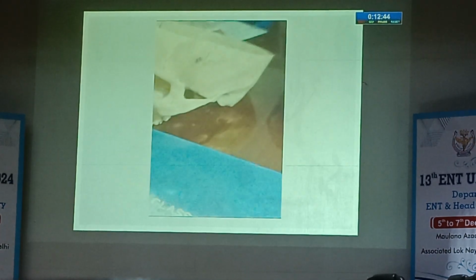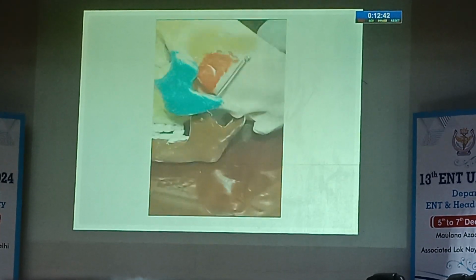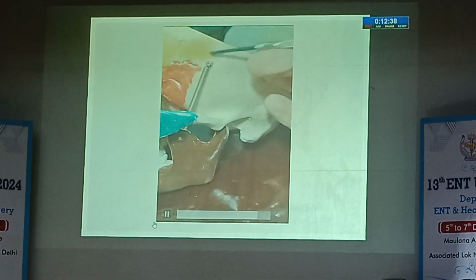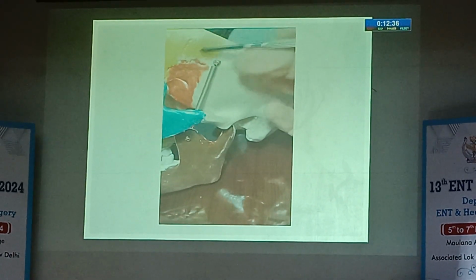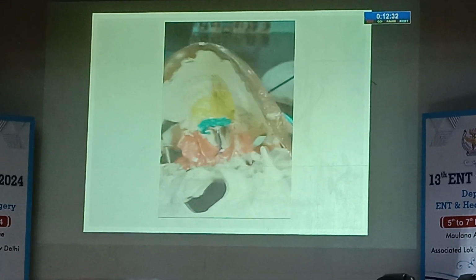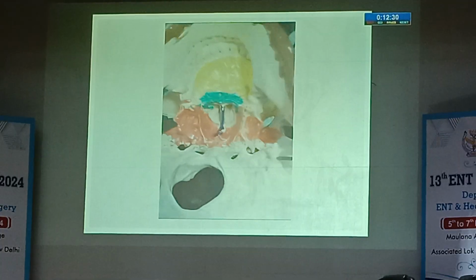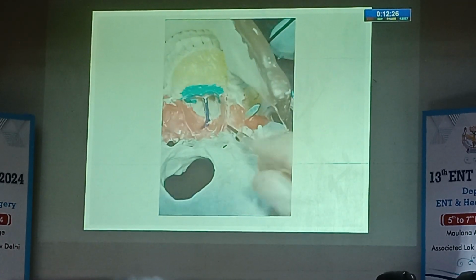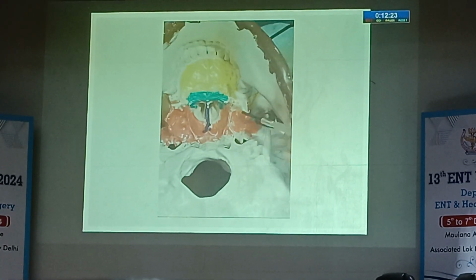If you see laterally, this is the greater wing of the sphenoid, which articulates with part of the parietal bone here. Inferiorly, if you look closely, at the junction of the body and the greater wing, there are the two pterygoid plates.